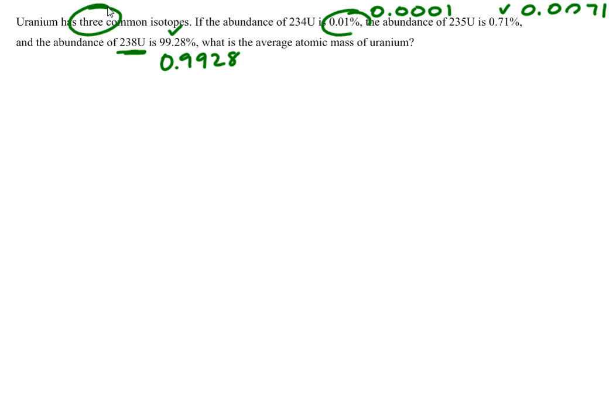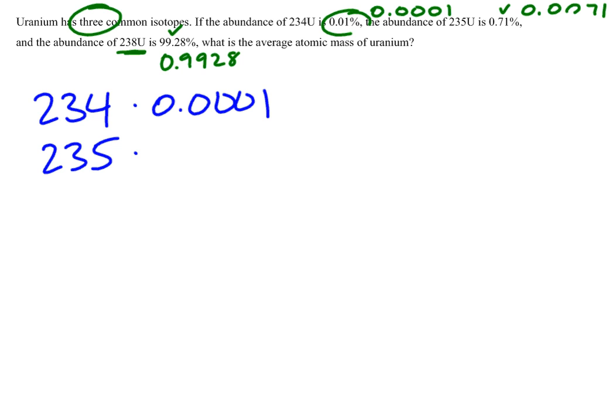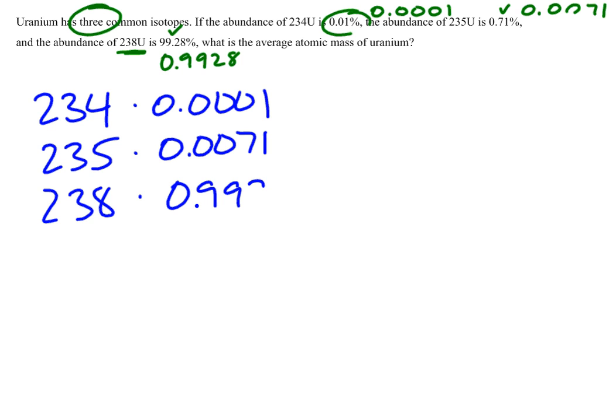Okay, I'm going to go ahead and go my 234. That's my uranium-234, and I'm going to multiply that by 0.0001. Okay, my 235 I multiply times 0.0071, and my 238, which is the most abundant, times 0.9928.